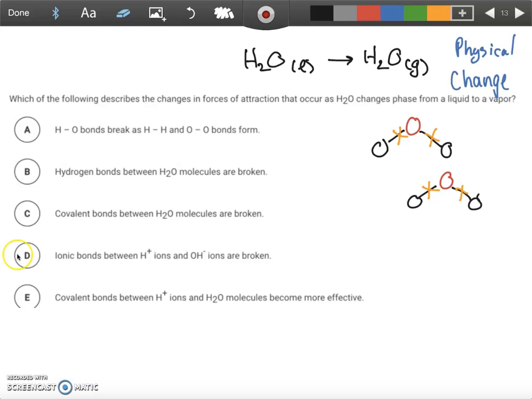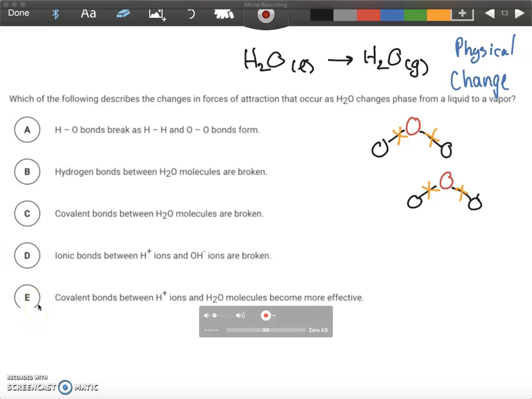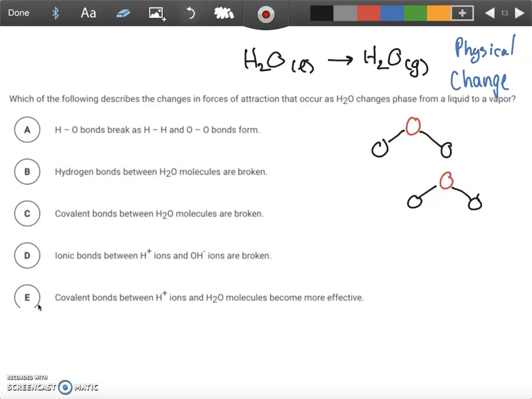Is that an example of a physical change? It is not. Remember, if you are breaking the actual bonds between the atoms in a molecule, then you are completely changing the chemical properties of the substances. So we cannot say that. This is not a good answer.